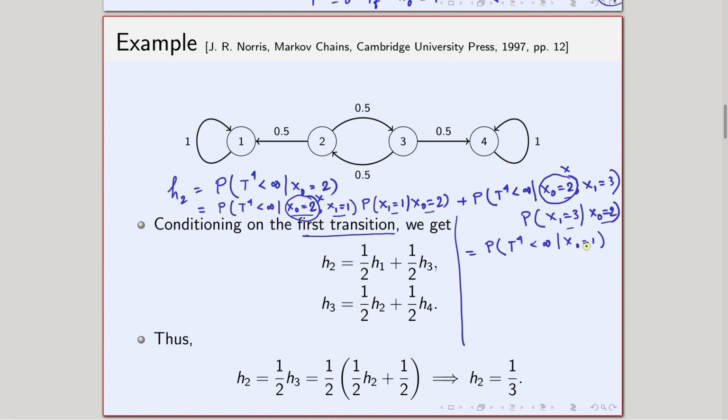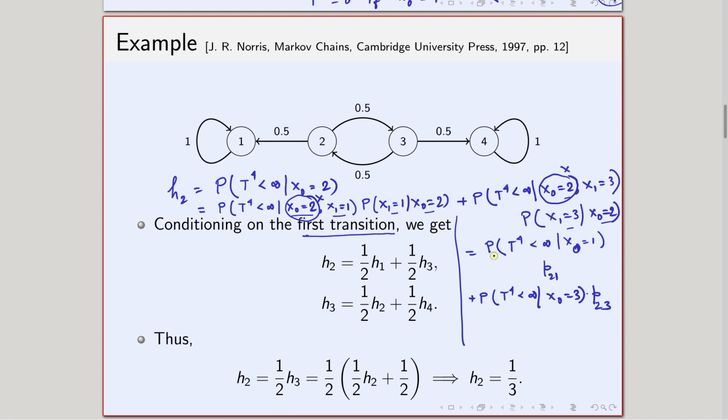So, it is again the starting point, it is basically important that it is starting from that particular point. Okay. And then multiplied by p from 2 to 1 in one step, plus the probability that T4 is less than infinity starting from 3, multiplied by p 2 to 3 in one step.